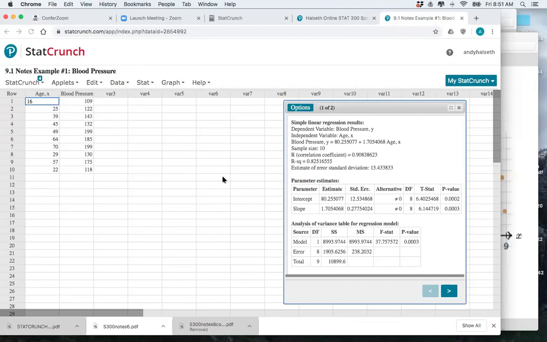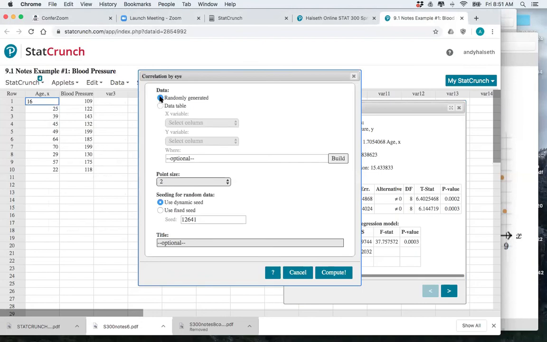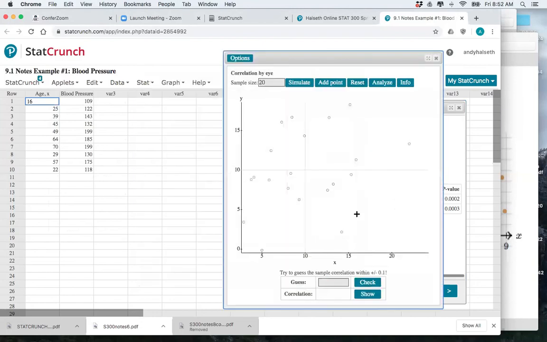Now if you want to practice a little bit about what this R is telling you, or how an R value compares to a graph, go to the applets in StatCrunch. There's this thing called correlation by eye. If I click on that, I can randomly generate some data, and it's going to give me a scatter plot.